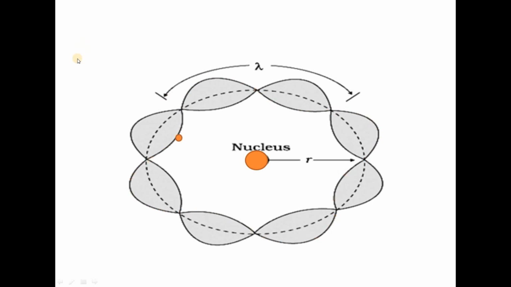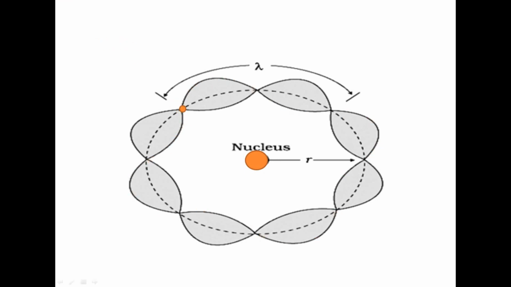For the electron to revolve in a stationary orbit or non-radiating orbit, the circumference of the orbit must be equal to the integral multiple of the wavelength of the electron. The meaning is, the circumference of the circular path must be equal to 1 lambda or 2 lambda or 3 lambda and so on.